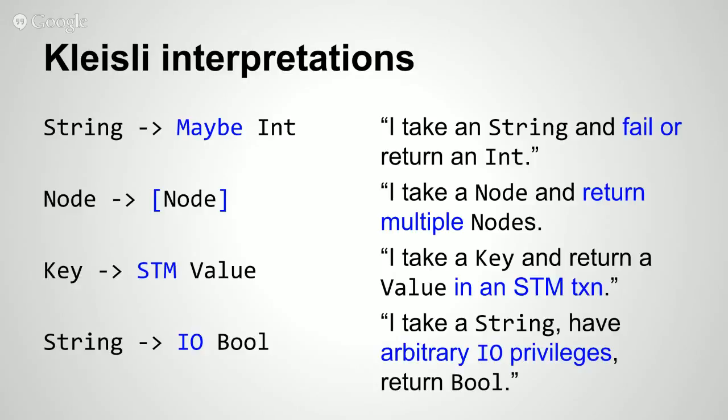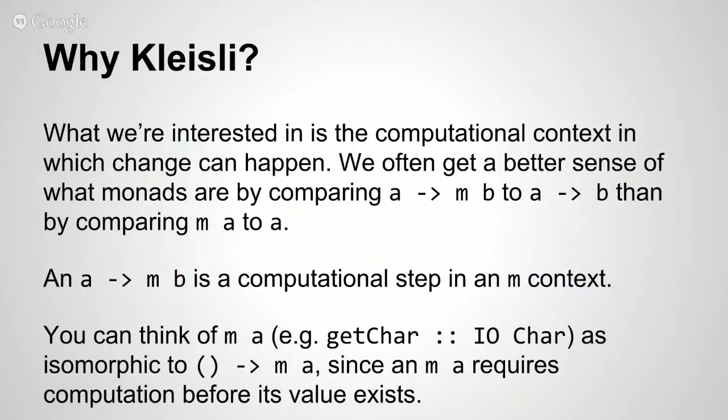And finally, string to IO Bool is saying I take a string, I have arbitrary IO privileges while I execute, but I'm going to return a bool. And the reason for this is we're interested in the computational context and which changes can happen. And we're usually thinking about computations as function-like, but with a little bit of state, a little bit of IO.